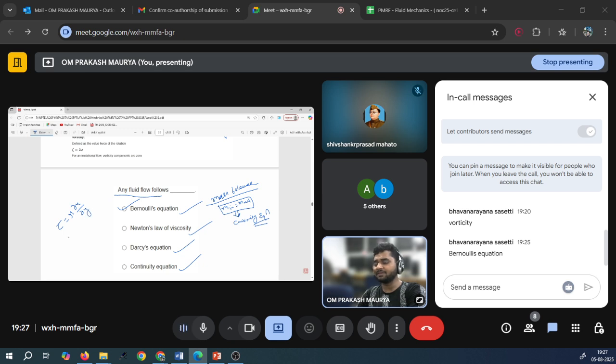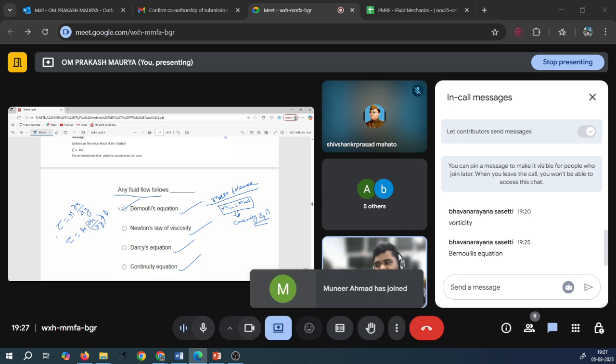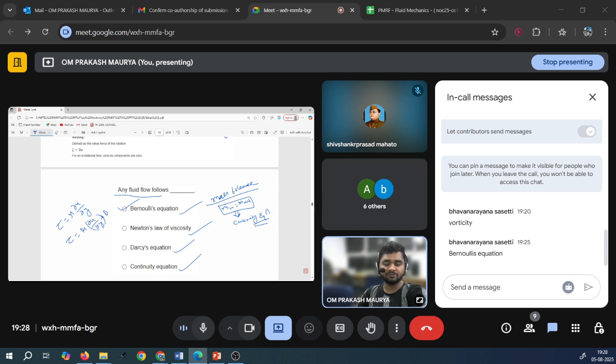For Bingham plastic and other kinds of fluid, you write mu du by dy plus b, or something with a power like that. This is not Newton's law of viscosity. So it is not a mandatory rule that all fluids follow Newton's law of viscosity or Darcy's law. But continuity is a mandatory rule. All fluids should follow the continuity equation, that is, mass in and mass out. This is a basic and fundamental question.